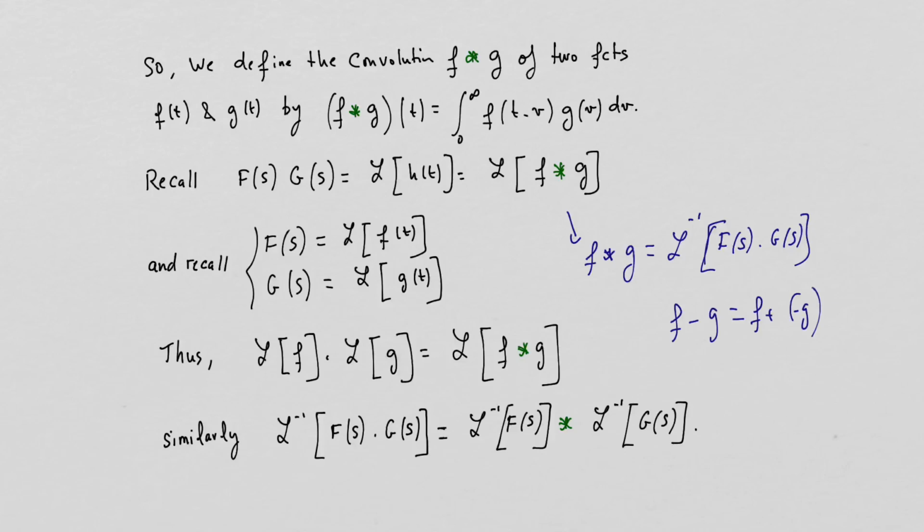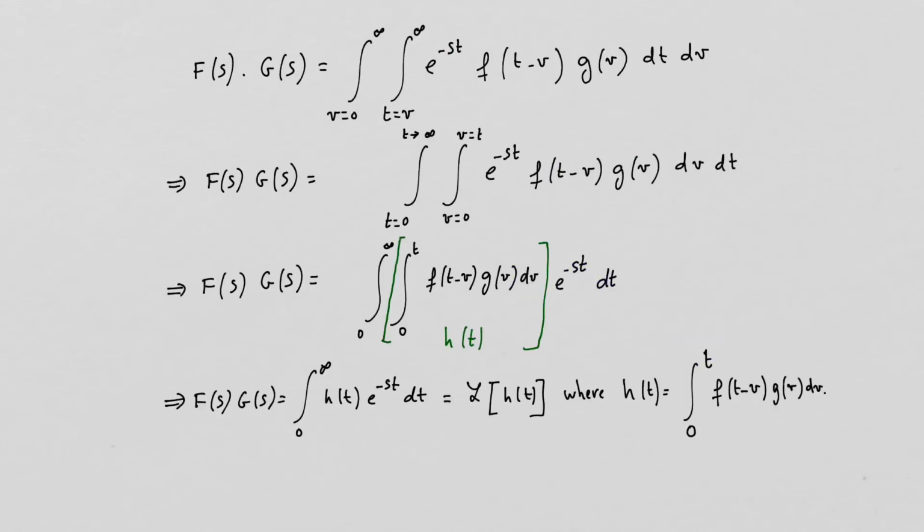So we know it is true with addition and subtraction, and the question is, could you use it for the products? Laplace of the product is the product of Laplace, and inverse Laplace of products is the product of the inverse Laplace. The answer is yes, so long as you use the convolution product, not the typical products that we know, okay?